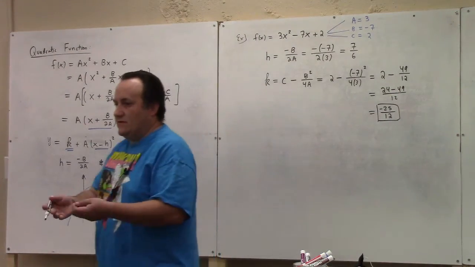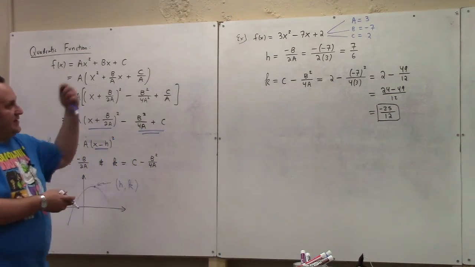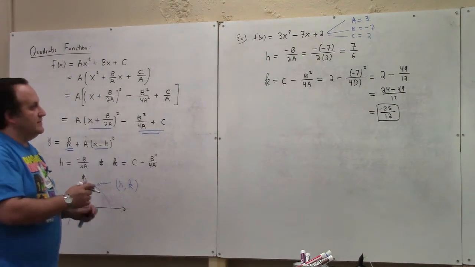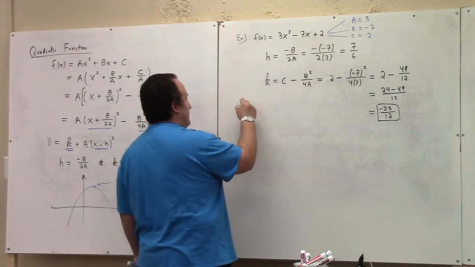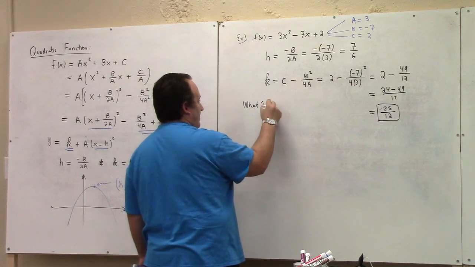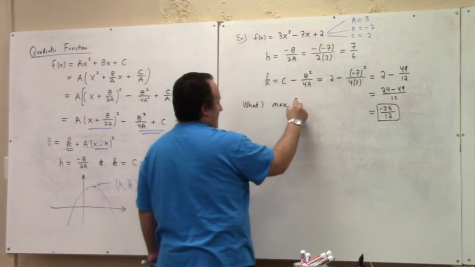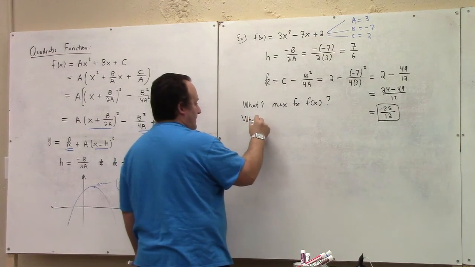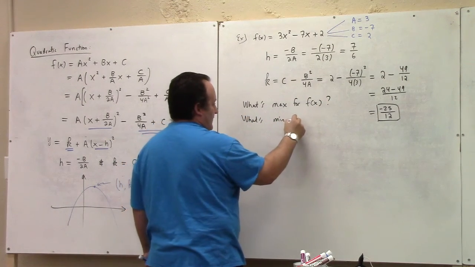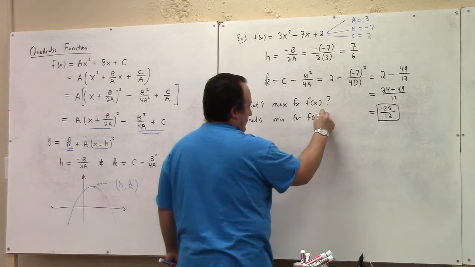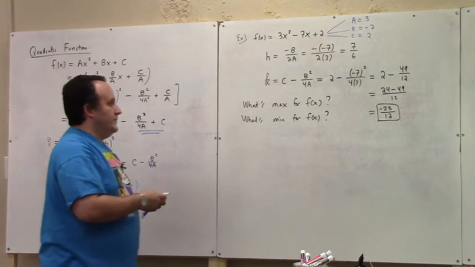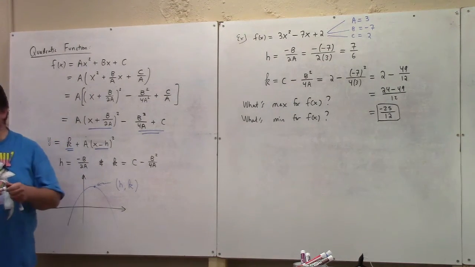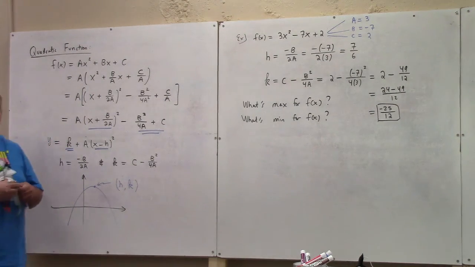So if I asked you the question, this is a quadratic model, what's the maximum value that f of x takes? What's the minimum value for f of x? What would you answer those questions with? Let me graph.